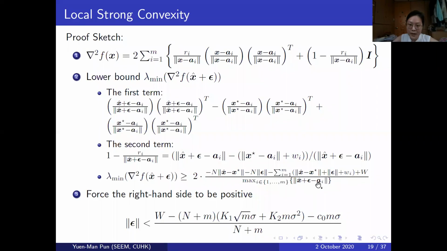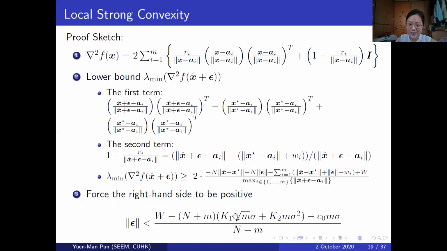Using this, at the end we get that the minimum eigenvalue is lower bounded by this, and we want this to be positive. Again, we force the right-hand side to be positive, and rearranging the terms, we have that the norm of epsilon is upper bounded by this quantity. So we have now proved the local strong convexity region, but it doesn't make sense if this quantity is negative.